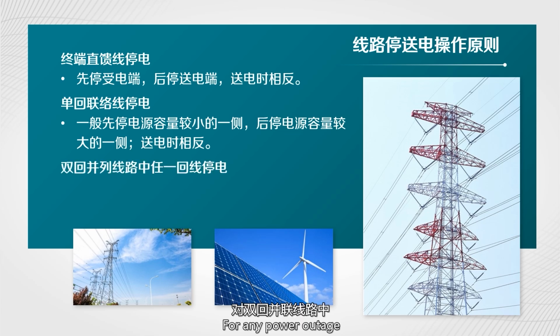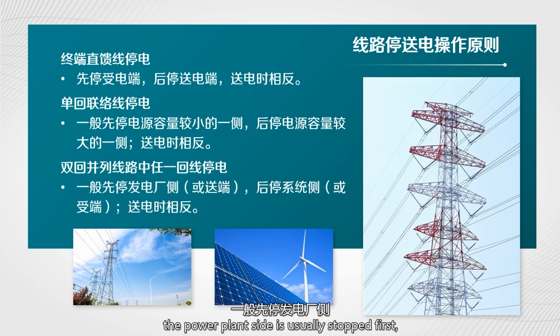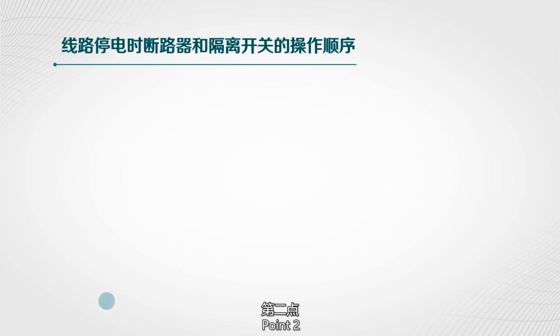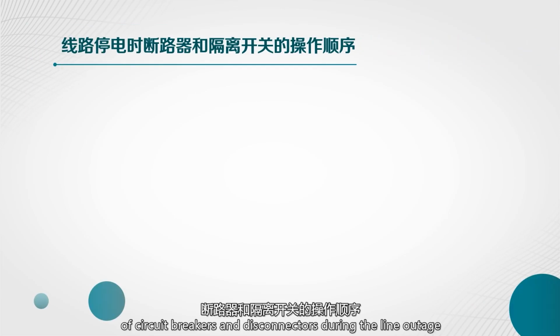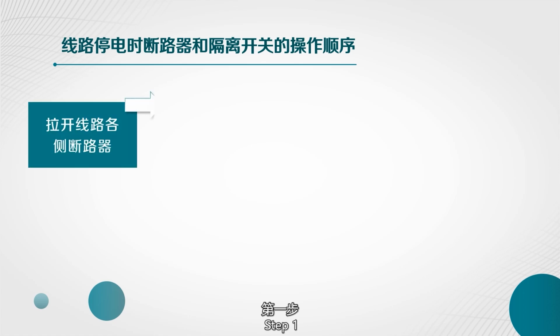For any power outage in a double-circuit parallel line, the power plant side is usually stopped first, followed by the system side, and the power transmission sequence is reversed. Point 2. The operation sequence of circuit breakers and disconnectors during the line outage. Step 1.